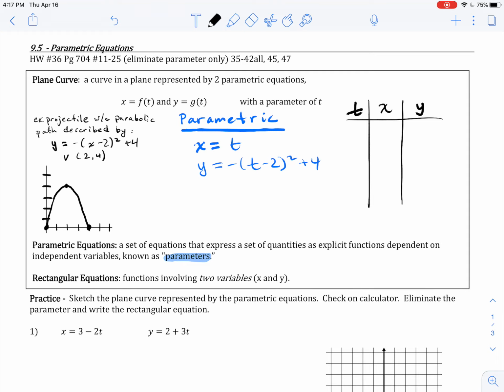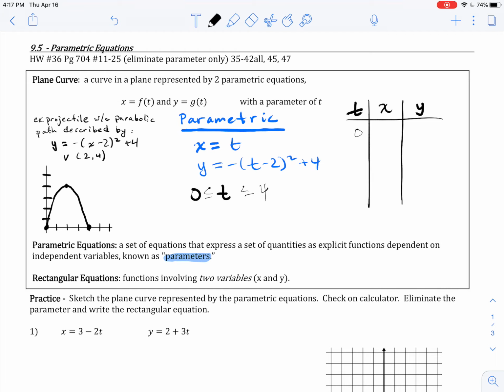And usually I'm going to give you some type of interval for t, or I might give you an interval for one of the other variables. But for now, let's just say that I tell you that t consists of all the values from 0 to 4. Let's just kind of go with that. So this is 4 and this is 0. Okay. And let's go ahead and fill that in.